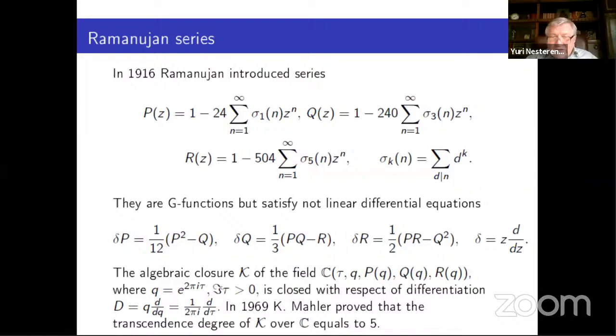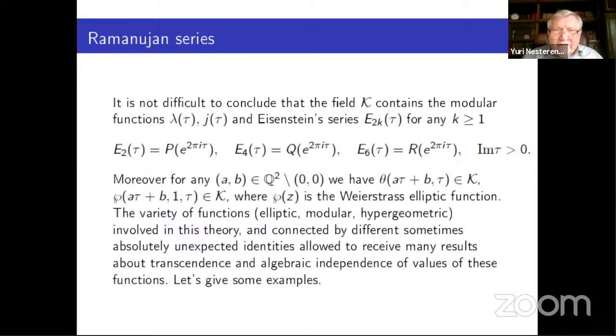And this is a natural area for results about modular functions and many other functions, and I want to shortly explain the situation. It is not difficult to conclude that this field K contains the modular functions lambda, J, and Eisenstein series, because the connection is very simple.